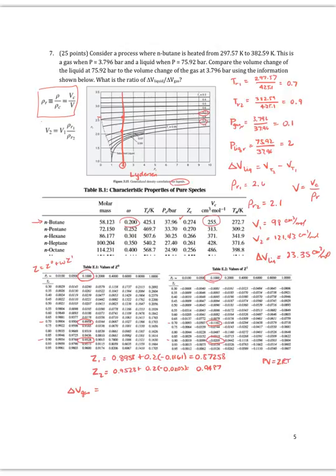And so this is going to be, in this case, R and P are constant. So R over P times Z2 T2 minus Z1 T1. And if I use 83.14, the units on that are bar centimeters cubed per mole Kelvin, divided by my pressure, which is 3.796 bar.